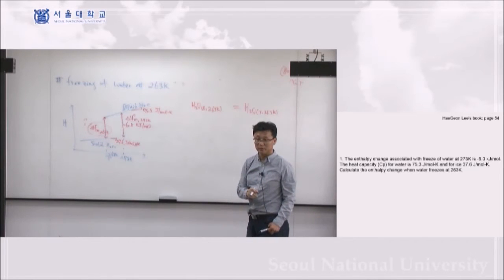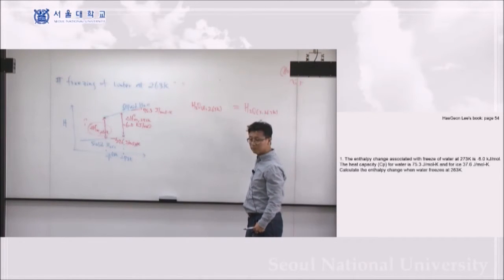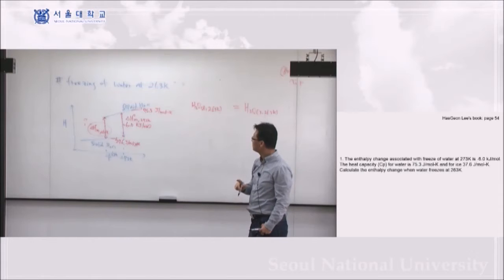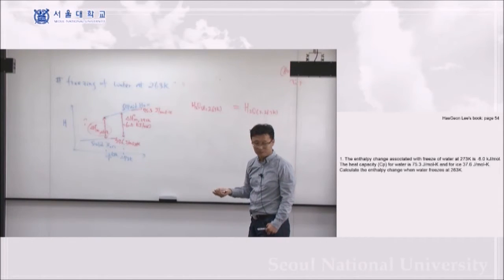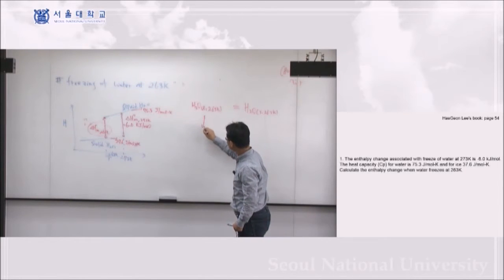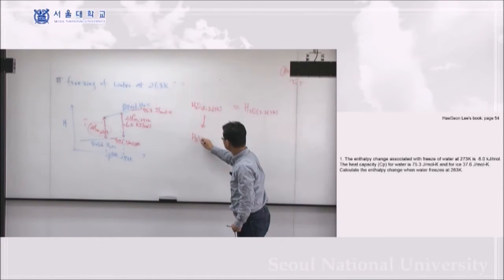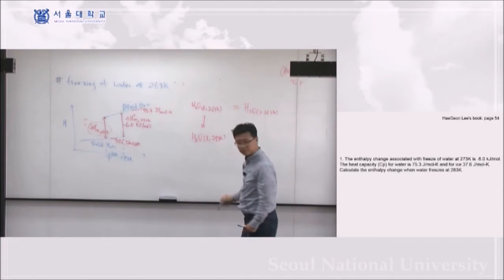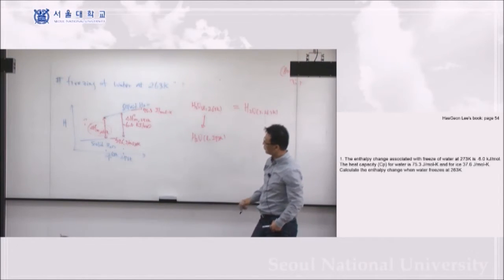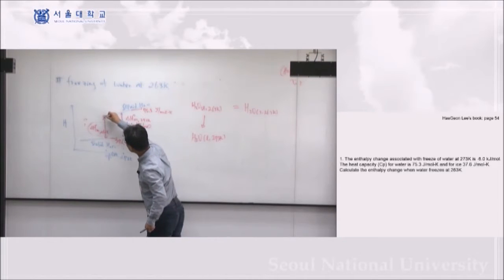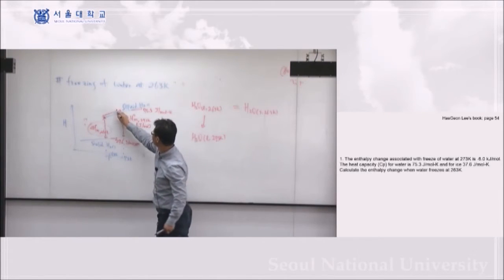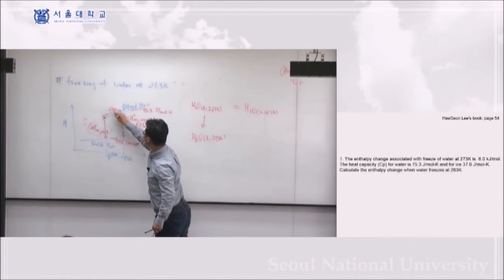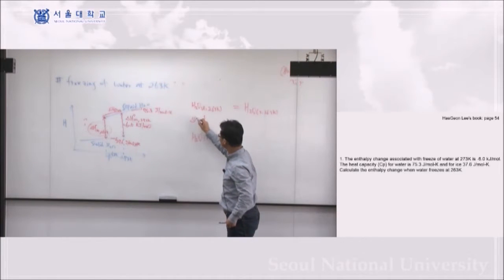This is what I want to calculate, reactant to product. And I want to use Hess's law. So I want to first take H2O in the liquid state at 273 Kelvin, so I'm starting from here, going up here. So this is delta H1.